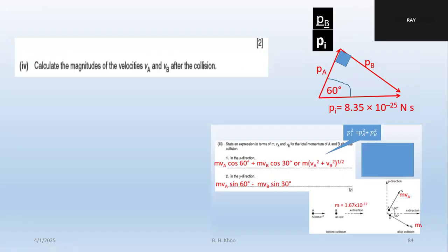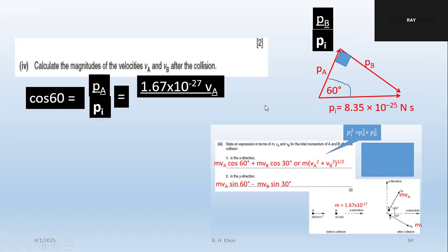Calculate the magnitude of velocity VA and VB. That's what we have calculated previously in the previous slide. If you use this picture, cos 60 equals adjacent over hypotenuse.